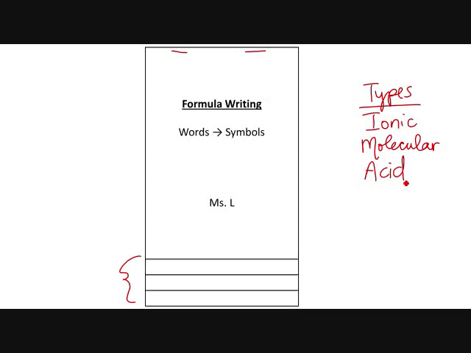But the first question, this will eliminate 2 out of 3 right away, is does it have prefixes, or does it have the word acid in the name? So you're given a name, you're given words, and you're going to write the formula, okay? So prefixes or acid is the first tab.